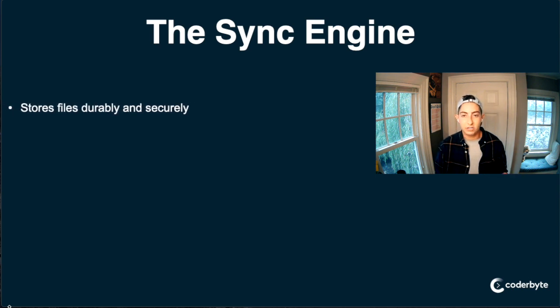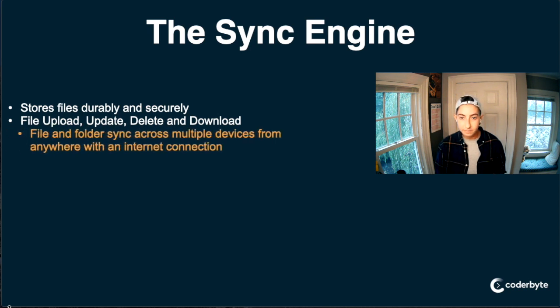And here are some requirements that we have to check off if we're designing the sync engine of Dropbox. So for their sync engine, we have to store files durably and securely, right? And we talked about this again a lot last week. Files have to be able to be uploaded, updated, deleted, and downloaded. The files and folders sync across multiple devices from anywhere with an internet connection.